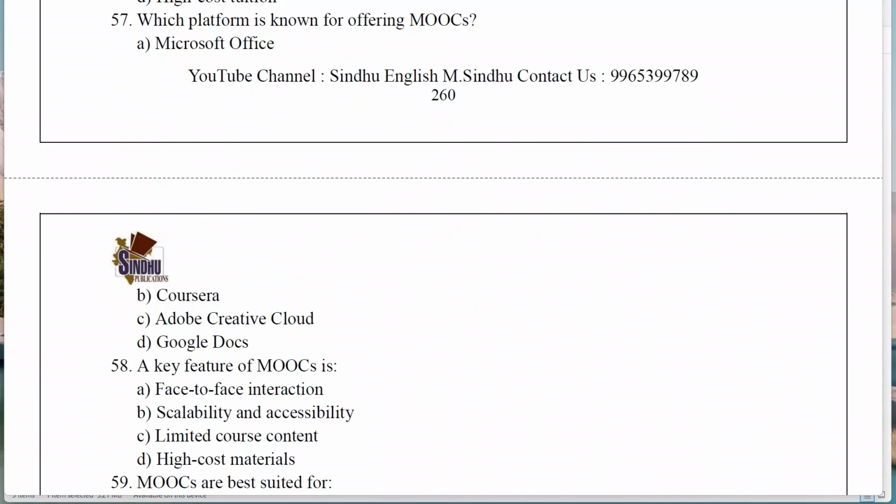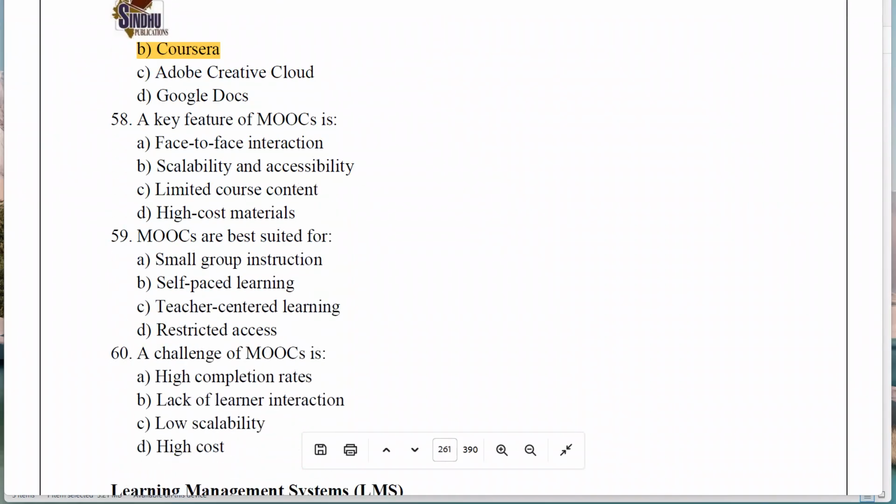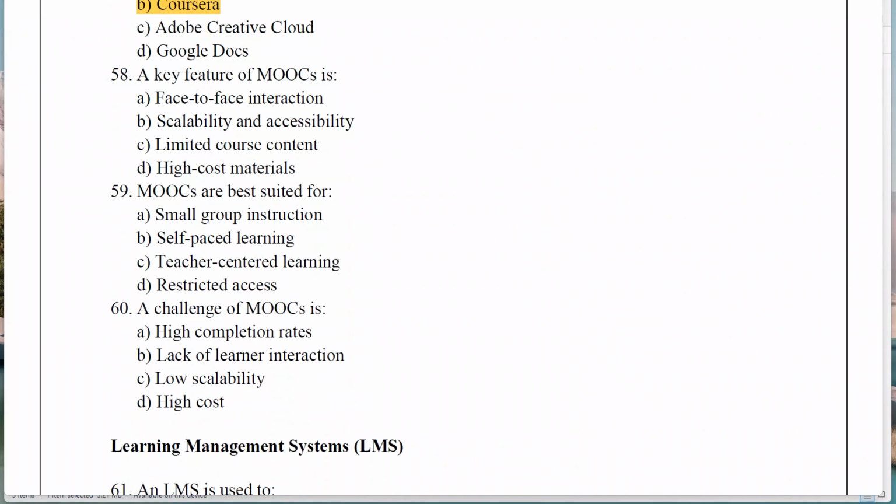The answer is Coursera. A key feature of MOOCs is scalability and accessibility.